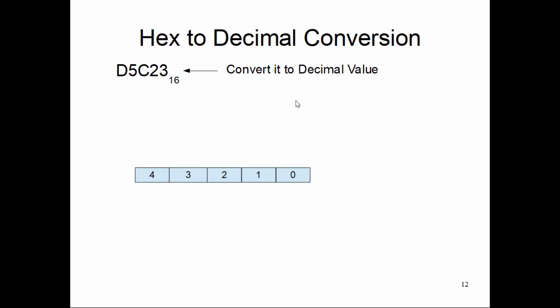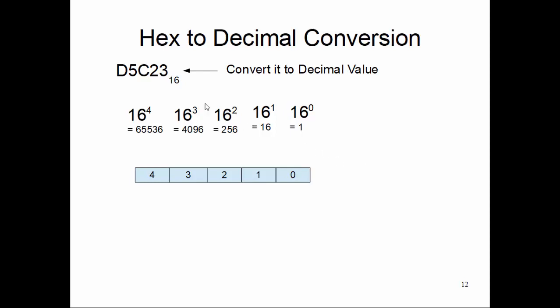And then we compute the decimal weight of each index position. The decimal weight is based on the base of the number system, which is now base 16. This is 16 to the power 0, which is 1, and then 16 to the power 1 is 16, then squared, then cubed, and then to the power 4, just like this, right?